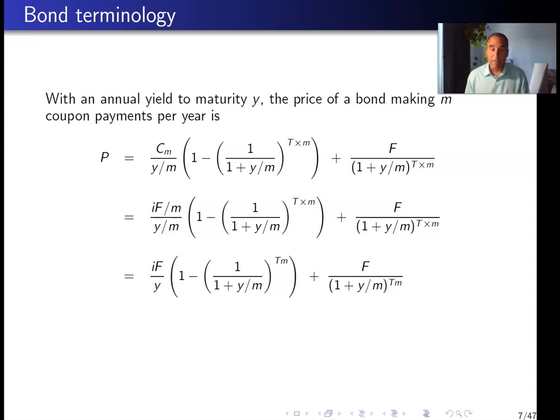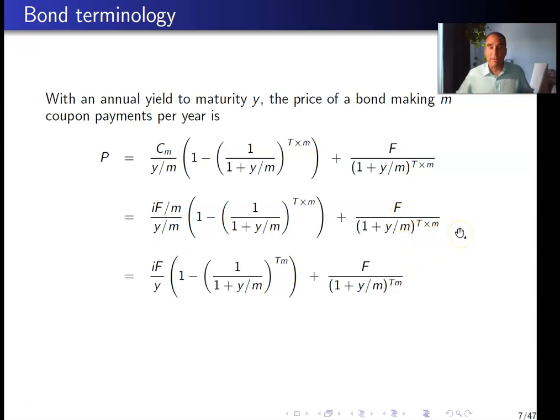So the effective rate we should be using is based on the rate of interest prevailing between 2 coupon payments, and the rate of interest prevailing between 2 coupon payments is Y divided by M, which is the rate we use to discount the face value.